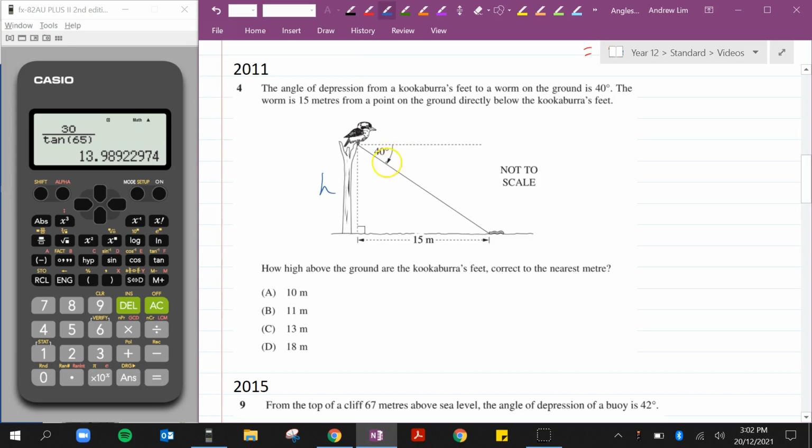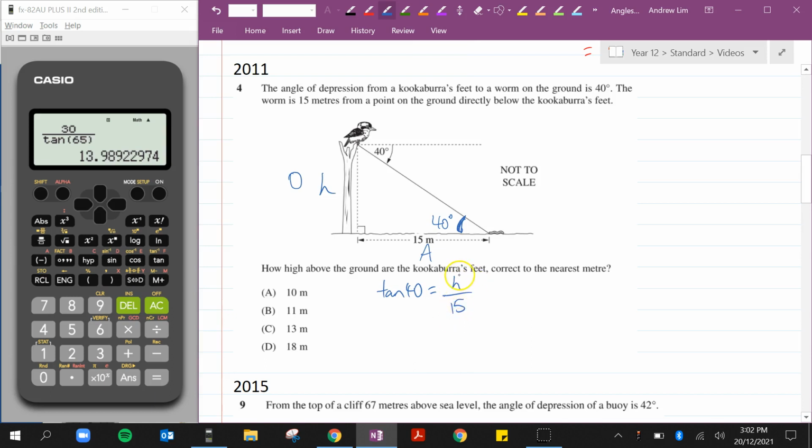The angle of depression is 40 degrees, therefore the angle of elevation is 40 degrees. And now I can start labeling my sides in reference to this angle down here. Height is opposite, 15 is adjacent. Again, I'm going to be using tan. So the tangent of the angle is equal to opposite over adjacent.